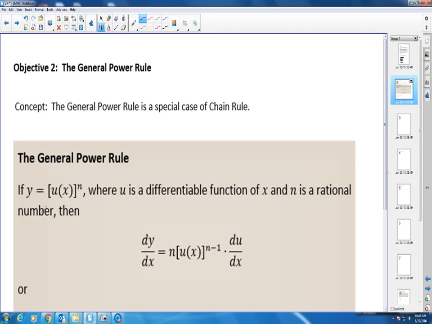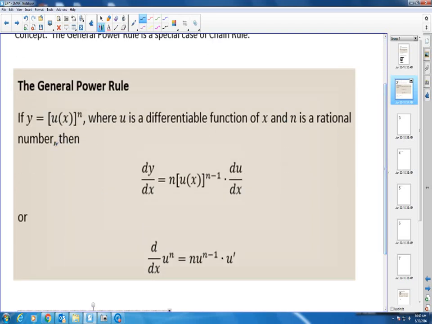The general power rule says if I have a function y equals u, a function of x, raised to some exponent on the outside, where u is a differentiable function and my exponent is a rational number, then I can apply the power rule, which is to move the exponent to the front, keep the inside, take the exponent minus 1, and multiply by du over dx.